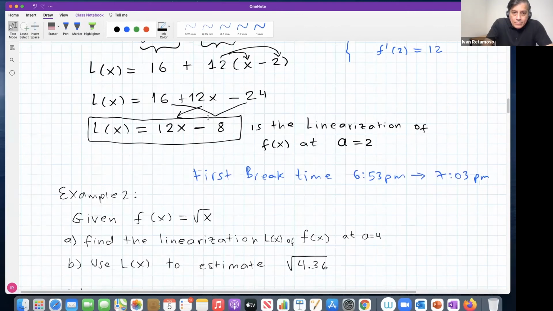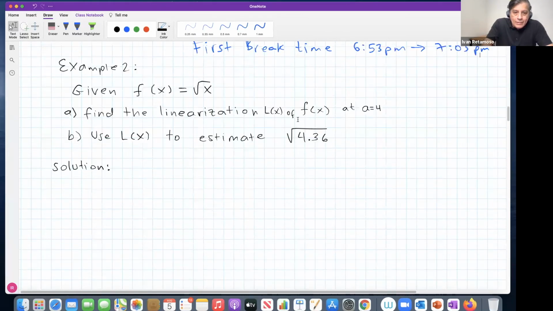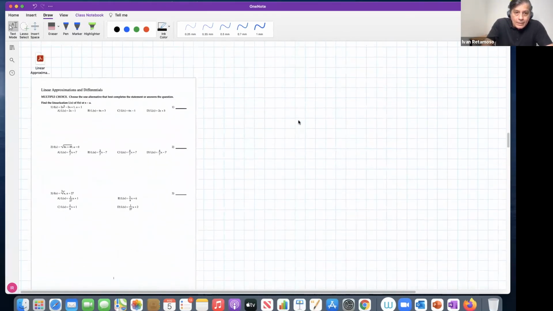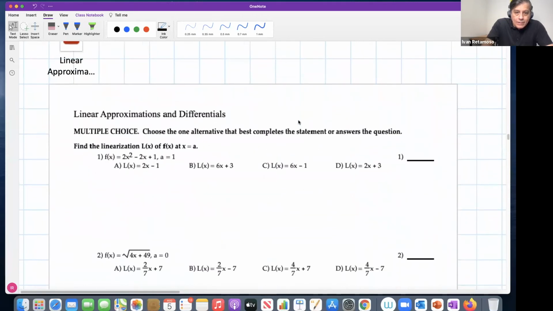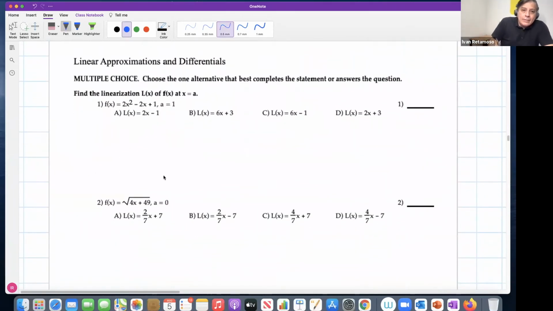So now I have something similar to what I just did here, but in your worksheet, on your own, try to get the linear approximation or the linearization for this function. I will write the formula for you. The linearization L of x is equal to f of a plus f prime of a times x minus a.